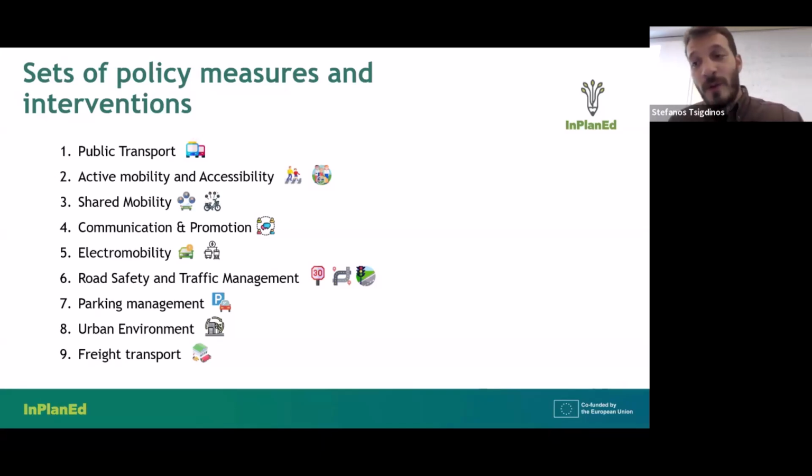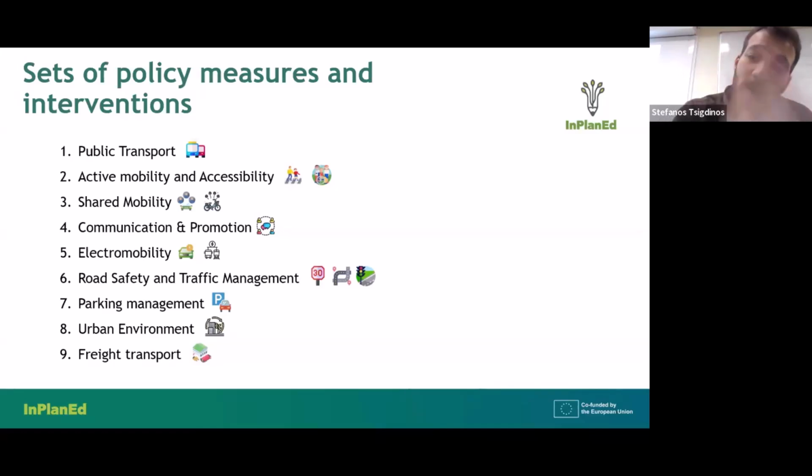What else? Urban environment. We saw that sustainable mobility is not only about traffic and transport related measures. It's also about urbanism, urban place-making measures and initiatives. So we also have to take into account urban planning. This is a major difference compared to conventional projects. The conventional projects, at least here in Greece, were very distinguished from each other.